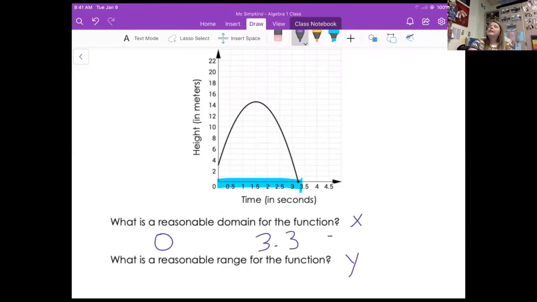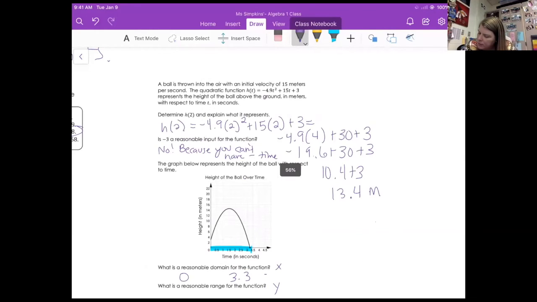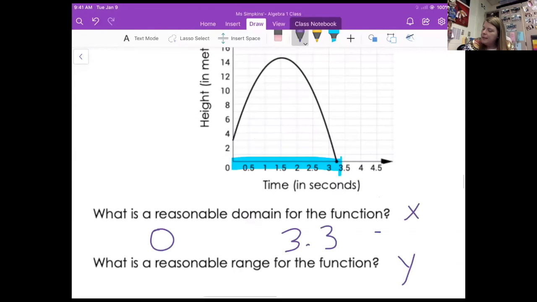And we're going to write this as a compound inequality. So we are using T for time. So my T, my time, is between 0 and 3.3. That would be considered our domain for the ball and how long it's in the air. It was in the air from 0 seconds all the way until it hit the ground at 3.3 seconds.